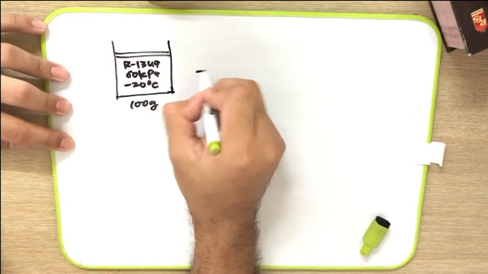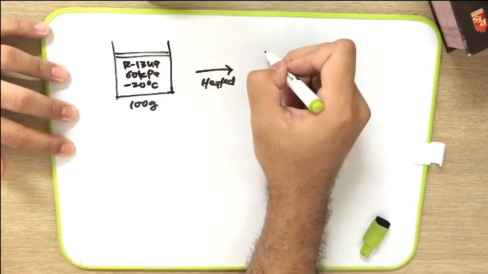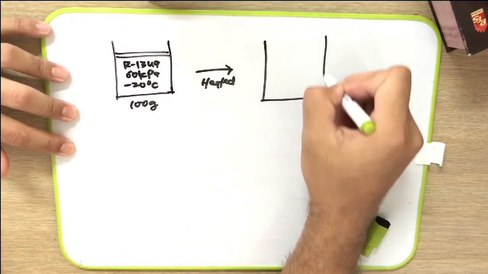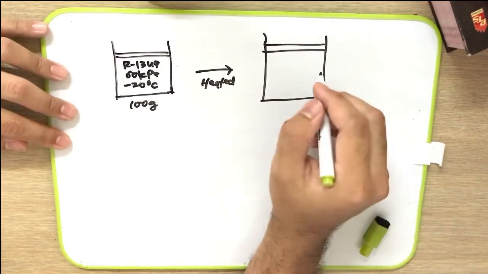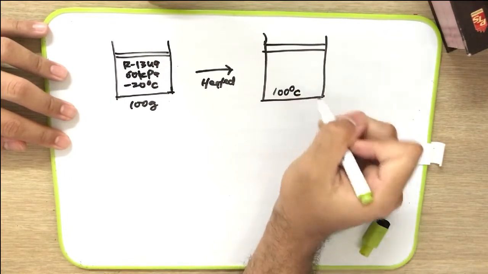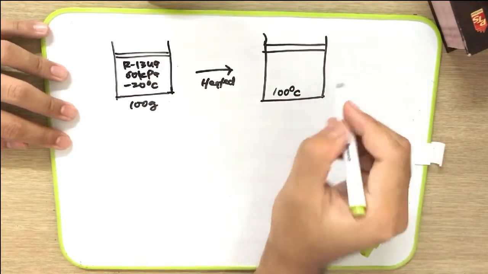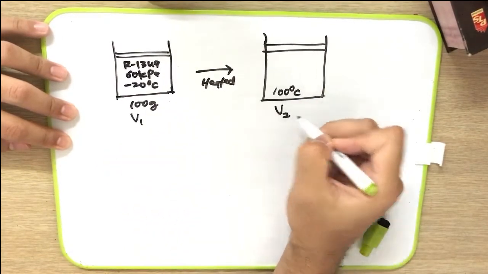Then the piston is heated. When it is heated, the volume is changing, and the temperature now is 100 degrees C. So the volume here is volume 1, and the volume here is volume number 2.